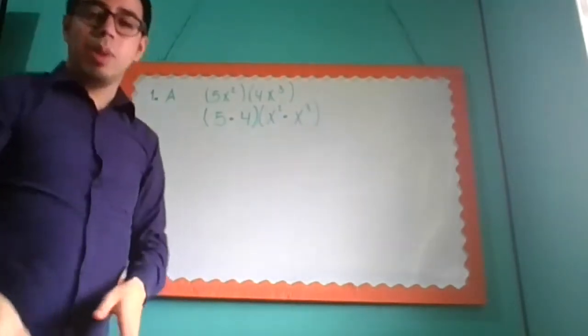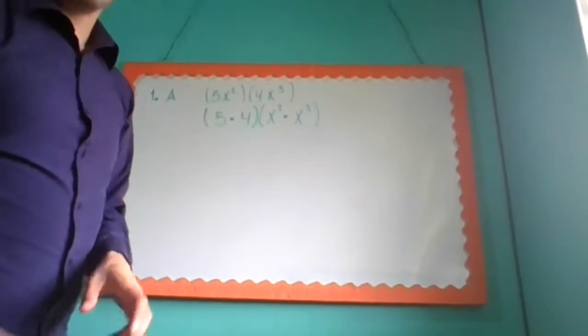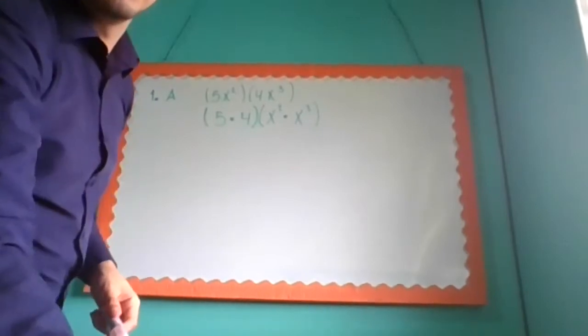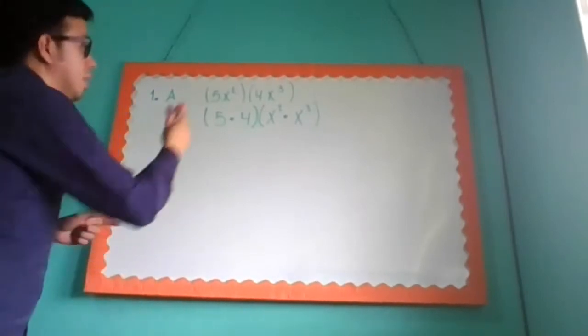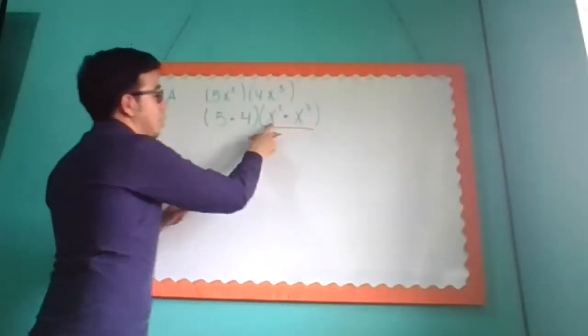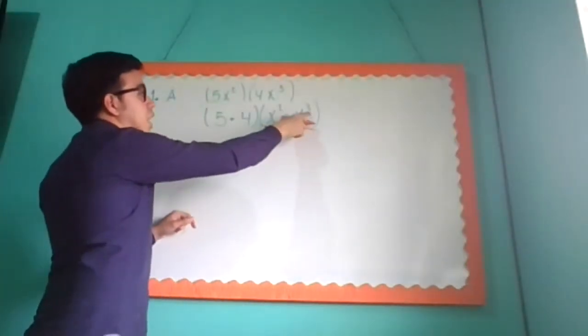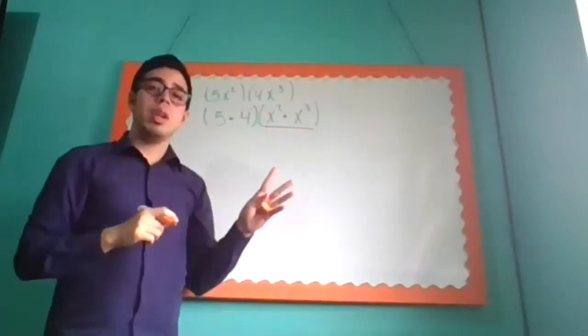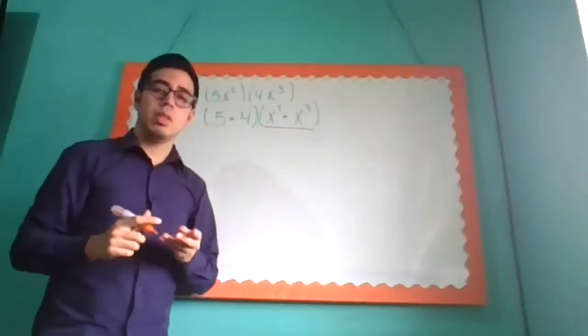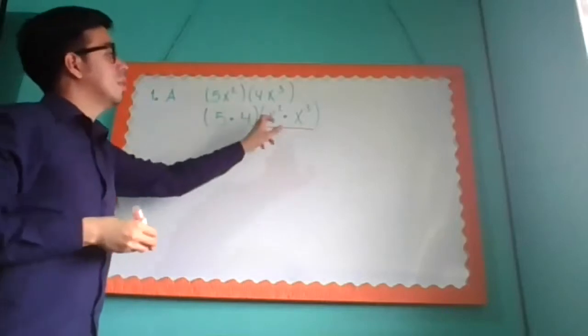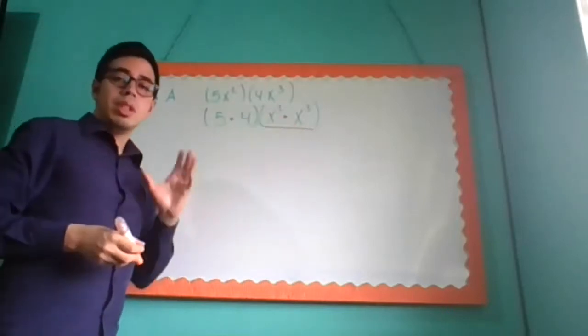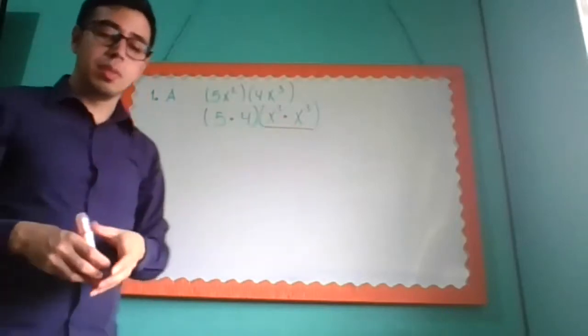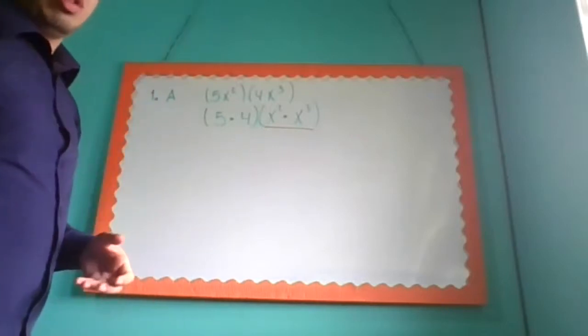You already remember the properties of the exponents, right? If you have the same variable with different exponents, we only need to add the exponents. So when we multiply variables, if the variable is the same, I'm only going to add the exponents. For the numbers, we need to solve the multiplication.